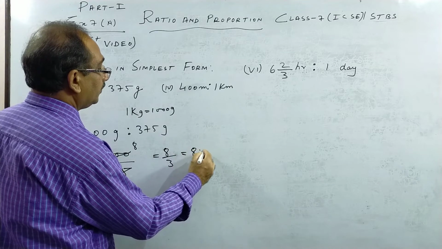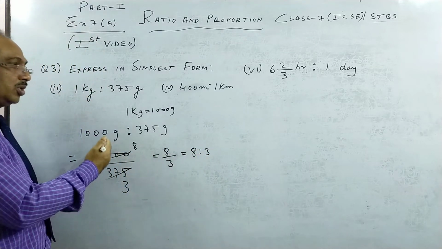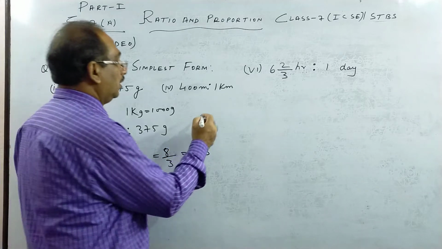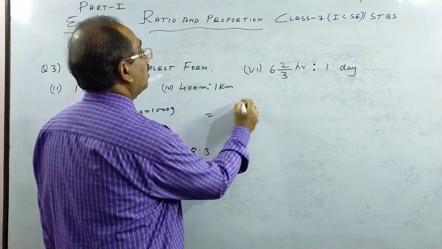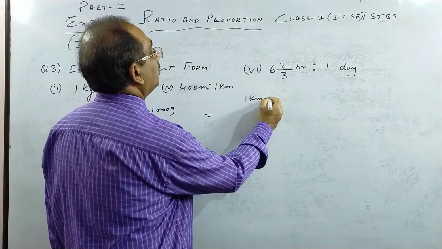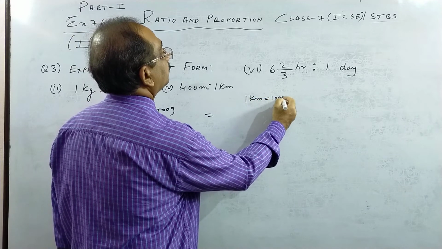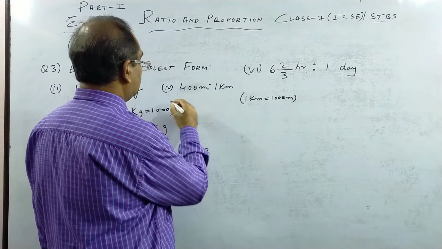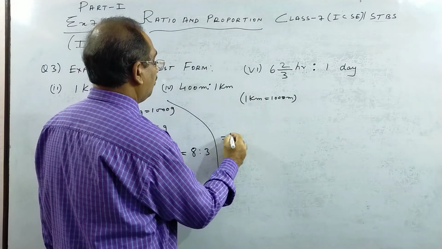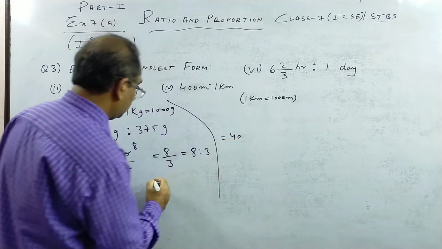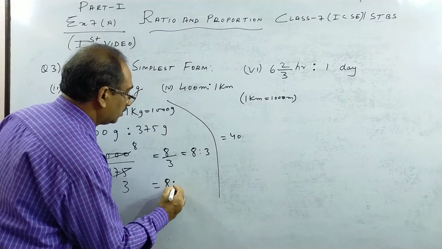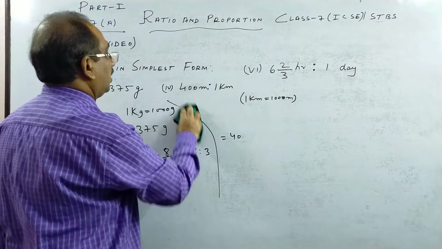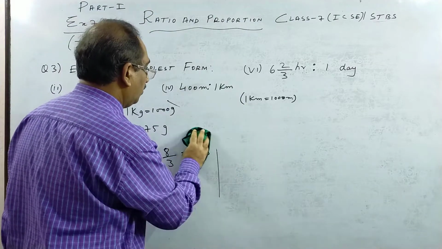Otherwise, you can see I have taught you this cancellation in the chapter on fractions. Okay. So here once more, before we start, 1 kilometer is 1000 meter. So this question changes to 400. So this I can write here so that I have enough place here to do my part 4.